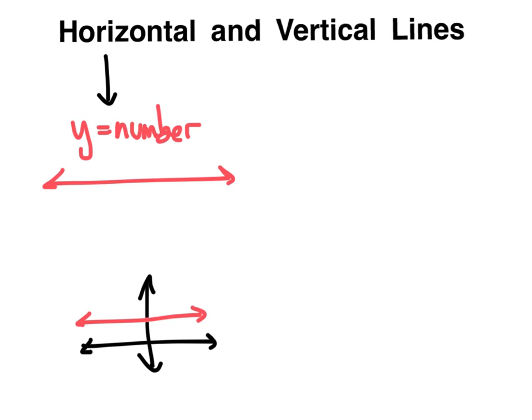And here's how we can think about it. Imagine that this is 1, 2, 3. This is a graph of y equals 2, because for every single x, y is always 2. The slope of a horizontal line is 0. Okay, and this is a function.